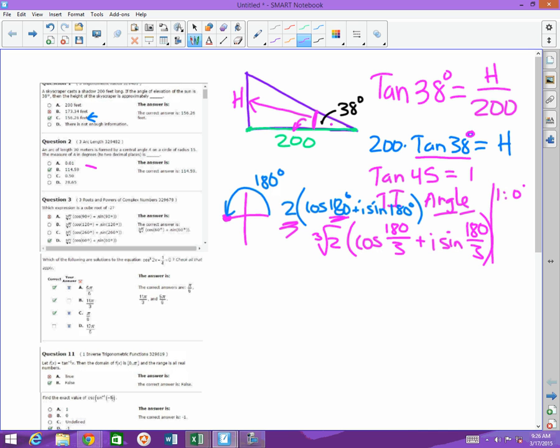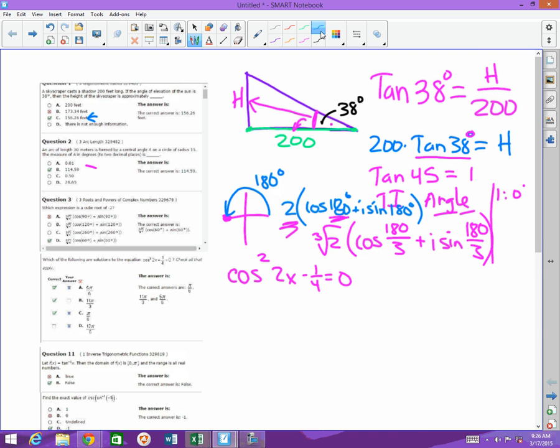And so then the next one down says, which of the following are solutions to cosine squared of 2x minus 1/4 equals 0.